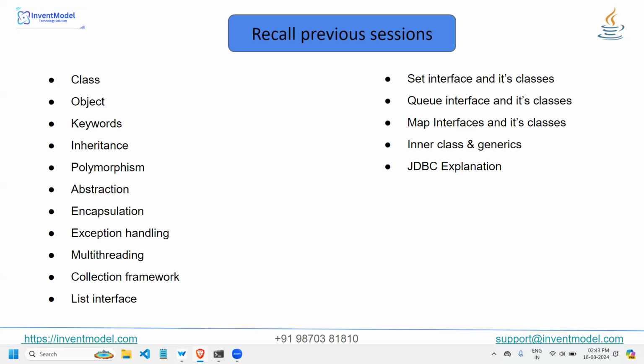Now let's discuss exception handling in Java. What is exception handling? Exception handling is the process by which we handle different types of exceptions that can occur during the execution of the program.